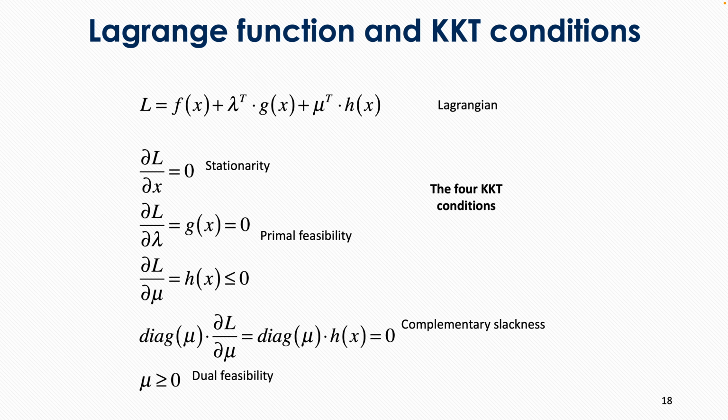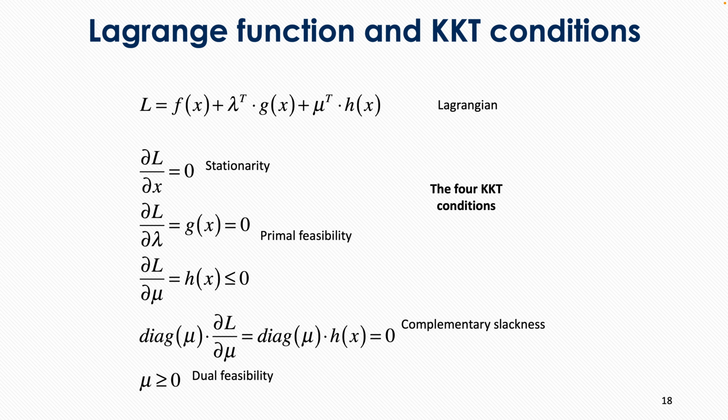Okay, so we have our Lagrangian, and so how many unknown variables do we have? We have all of our x's, which are unknown variables, and then we also have lambda and mu that we need to solve for. In our particular equation, we have two decision variables, which are our P1 and P2.